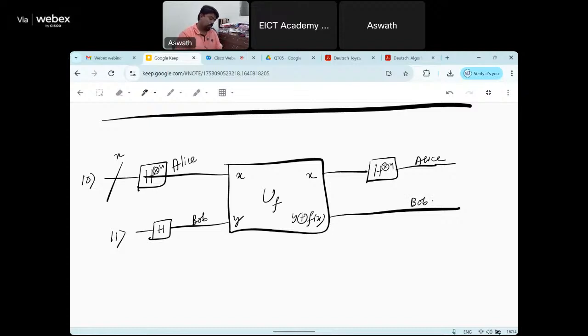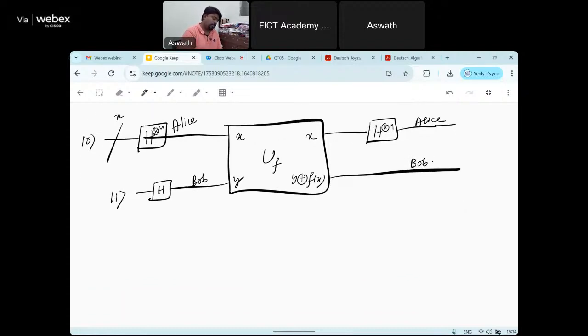Alice creates this and sends it to Bob. Bob has this entire thing with him. The gate is with Bob. Now he also has an ancilla.